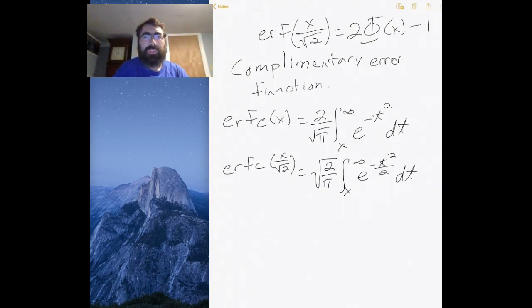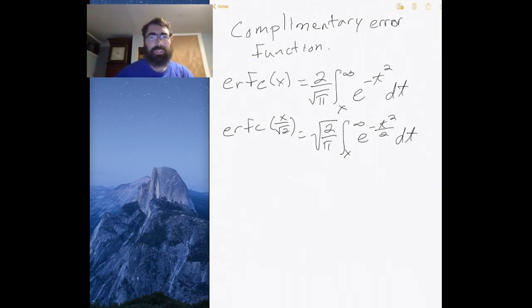So the question is, why is this called the complementary error function?